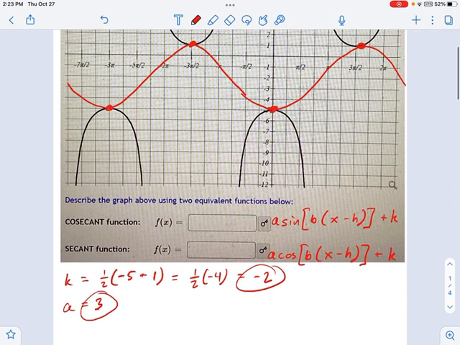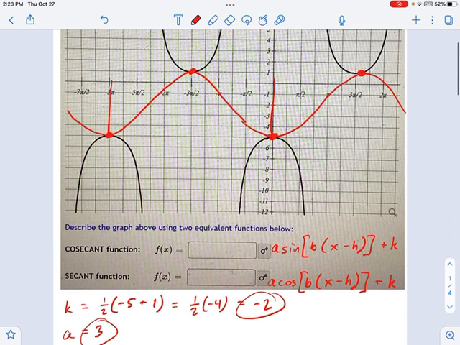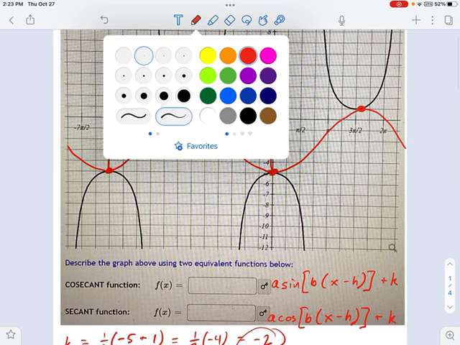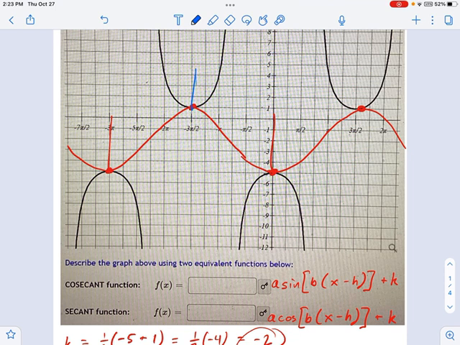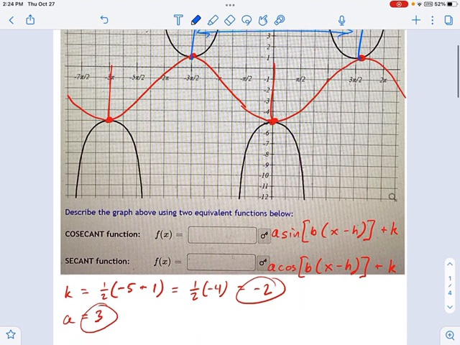If you look at any two points, how long it takes to repeat the curve, say right here, that's at -3 pi, and right here, that's at 0, that's a distance of 3 pi. Now, you could have done it differently. You could have said from this point at -3 pi over 2 to this point at +3 pi over 2. That's also a distance of 3 pi. Okay, so that's p, and that's equal to 3 pi.